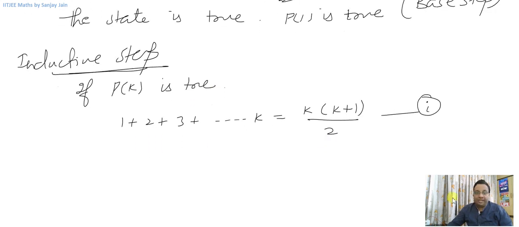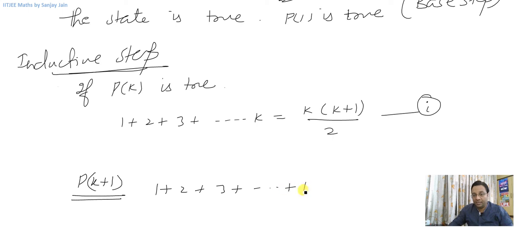Now if I am able to show from this that P of k plus 1 is true, let me write it first for you. 1 plus 2 plus 3, then I'll go up to k and then k plus 1. This is P of k plus 1. And if I replace k with k plus 1 everywhere, it will be k plus 1, k plus 2 by 2.